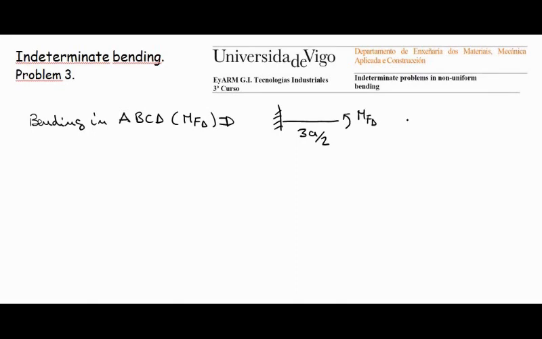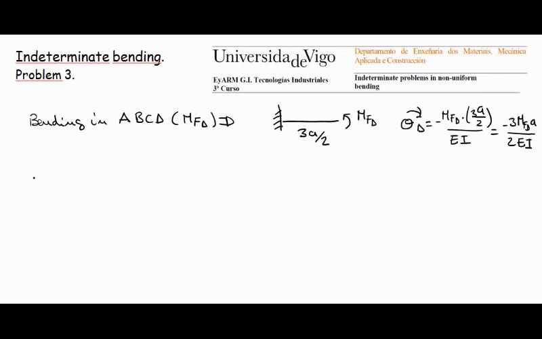So the slope of D, because of this bending moment, is the slope of the free end cross-section of a cantilever beam. So the bending moment multiplied by the distance divided by EI. Okay, so the distance is 3A divided by 2, so minus 3 MF at D times A divided by 2 EI.